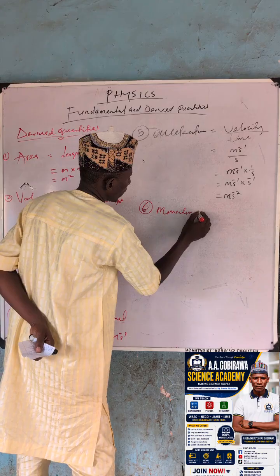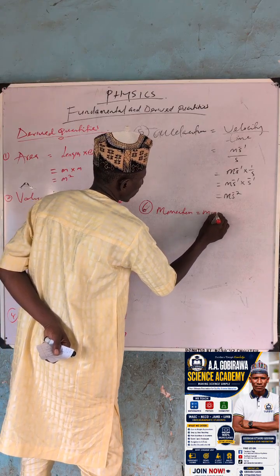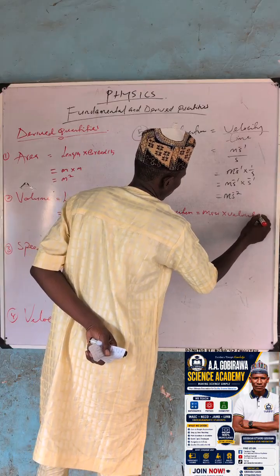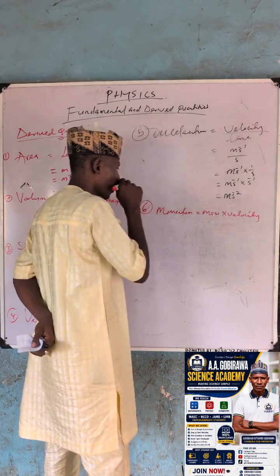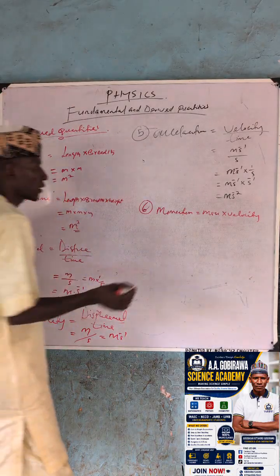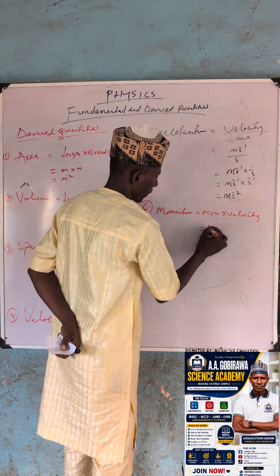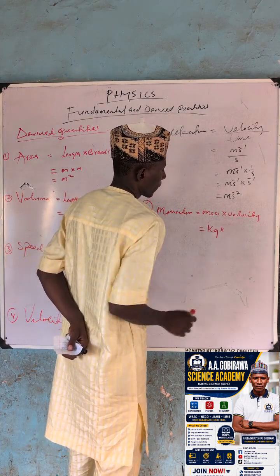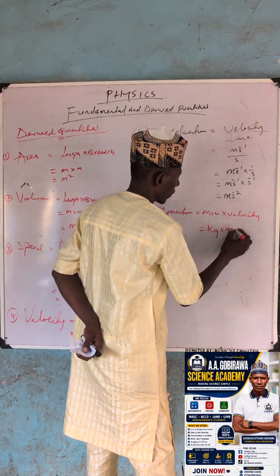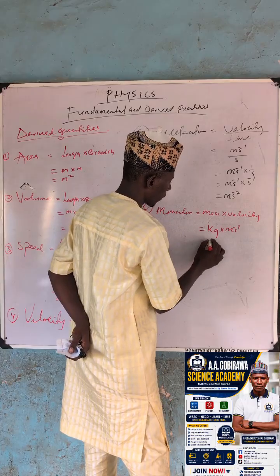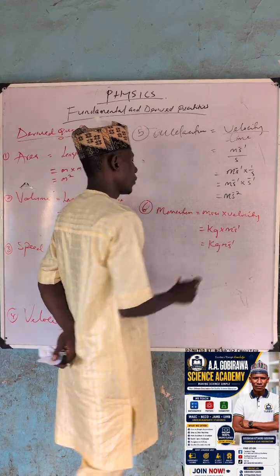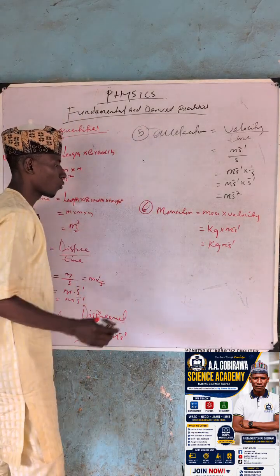Our mass, from the fundamental quantities, is kilogram, multiplied by our velocity, which is meter per second. So kilogram meter per second is the unit of momentum.